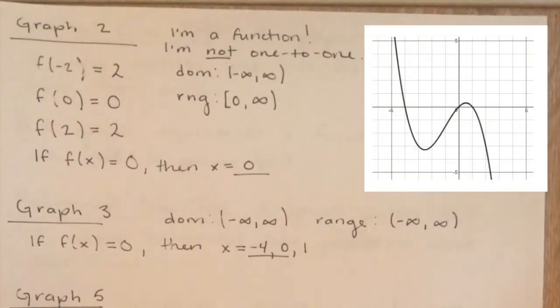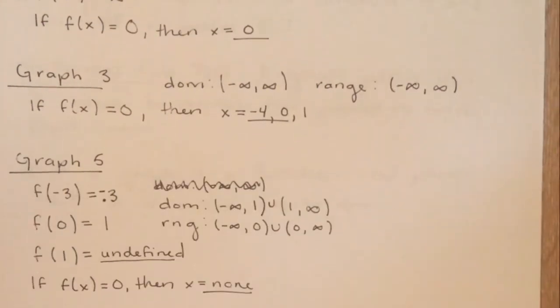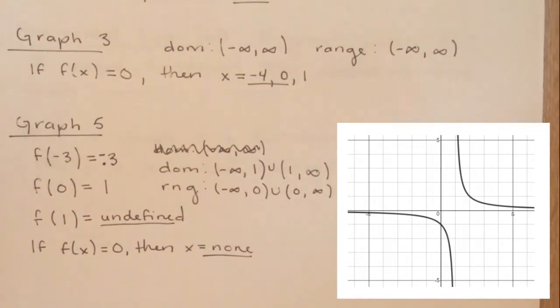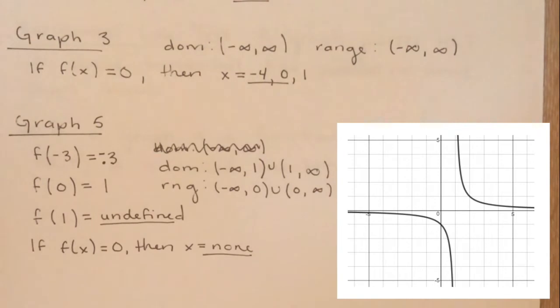Graph 3, same deal, right? What about graph 5? So I pass any vertical line through. What happens? Well, most of it clearly only passes once, right? The only place that's maybe a little bit suspicious is x equals 1. So let's look at that part.